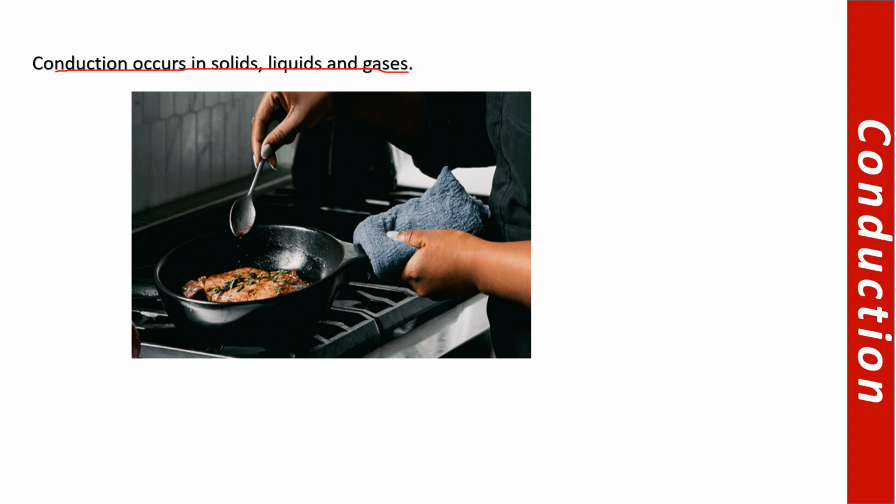Now you can see that this is a pan where the heat transfer takes place through conduction, and here a woolen cloth has been used because it is an insulator.